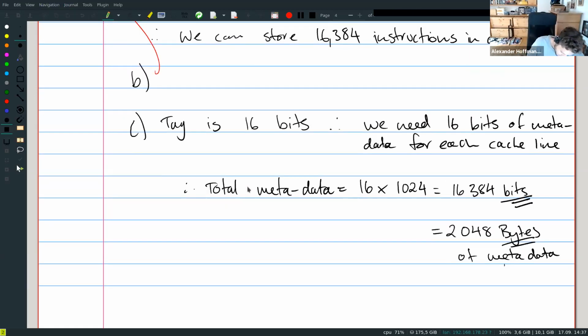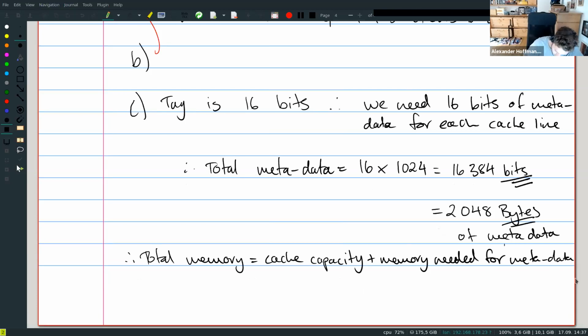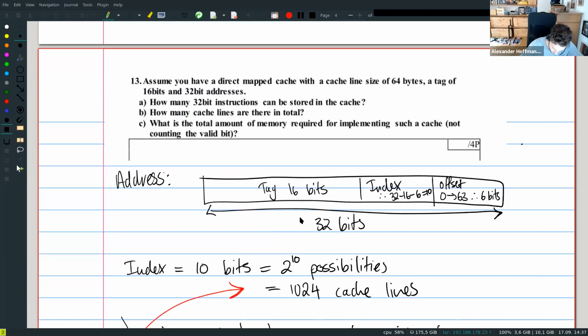So therefore, total memory equals cache capacity plus memory needed for metadata. How big was our cache? We figured this out at the beginning.